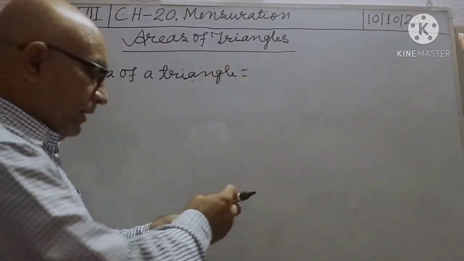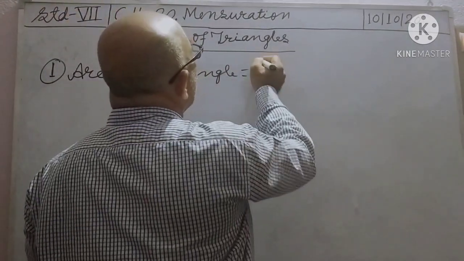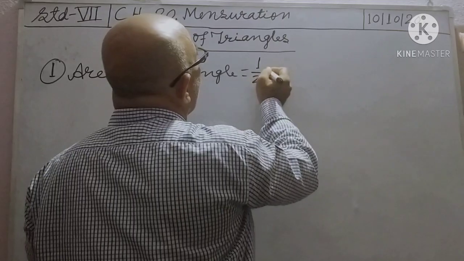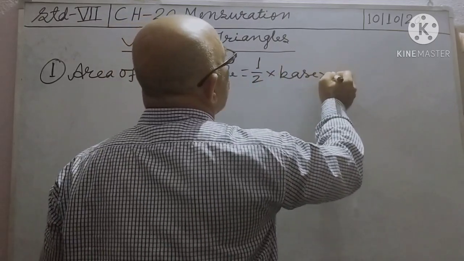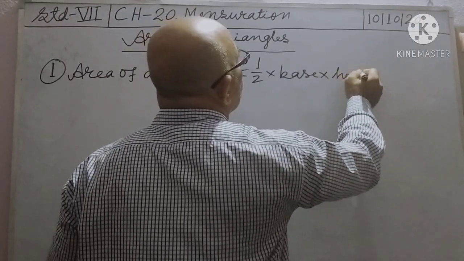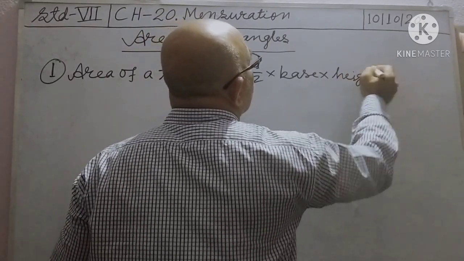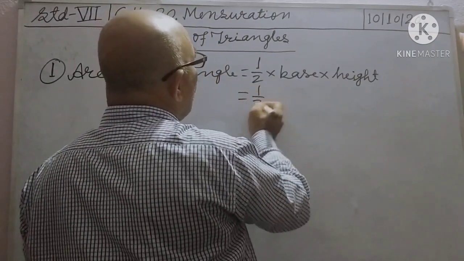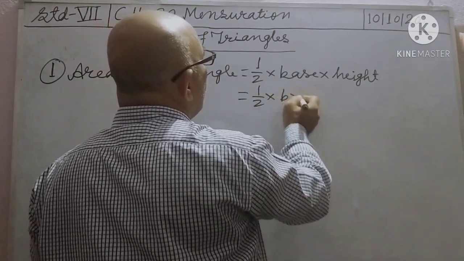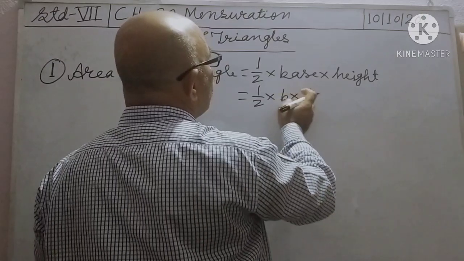Area of a triangle equal to 1 by 2 into base into height. In short form, 1 by 2 into b into h.